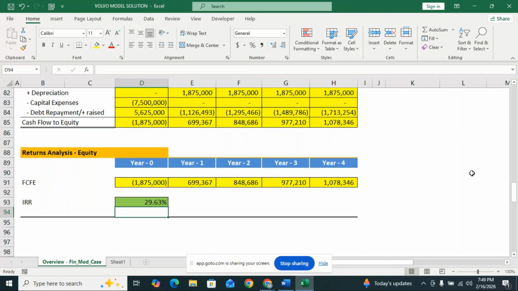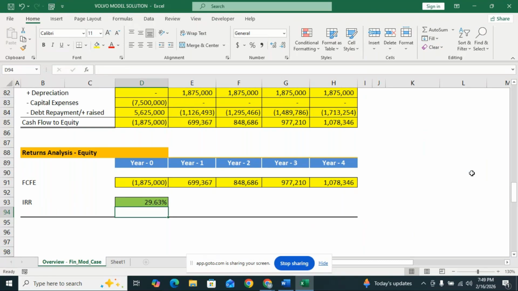So which means here the IRR calculation is 29.63%. So it is a reasonable percentage. It is a reasonable rate where, in this project, investment can be made.